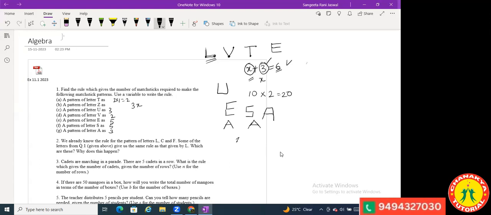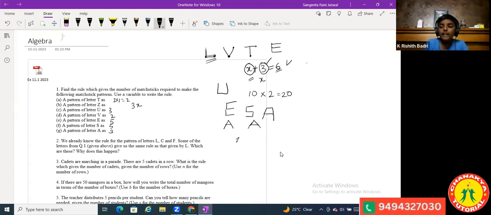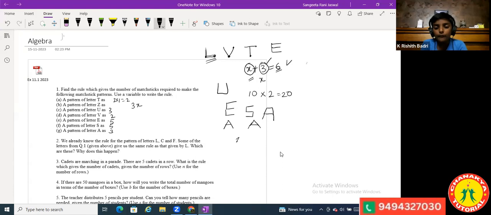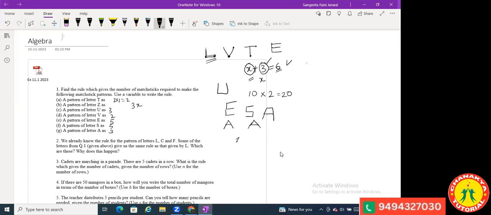Ma'am, I was saying that for making A, we can use 2.5 also, because the matchstick which joins these two sides we can keep as half, so that it looks small. Yeah, that can be correct. But let's go with the complete number of matchsticks.